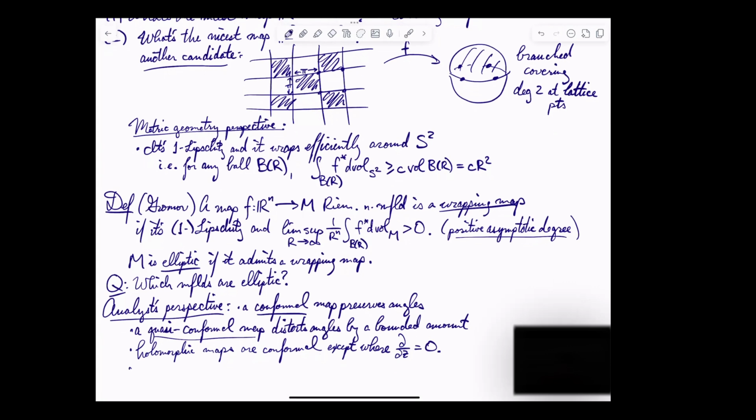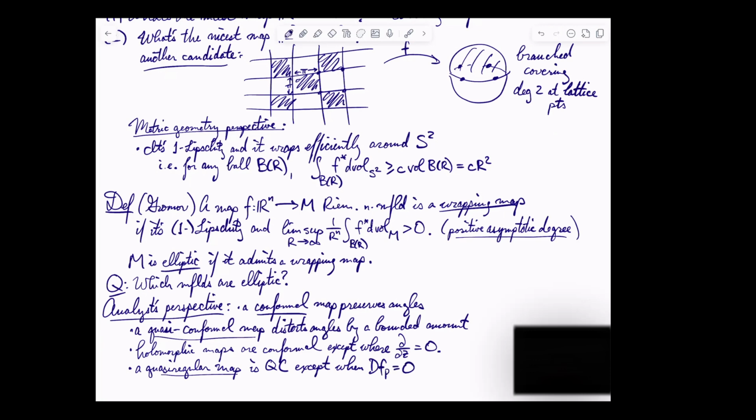This is, as far as I understand, the motivation for defining quasi-regular maps. A quasi-regular map is quasi-conformal, except when its derivative is identically zero, roughly speaking.